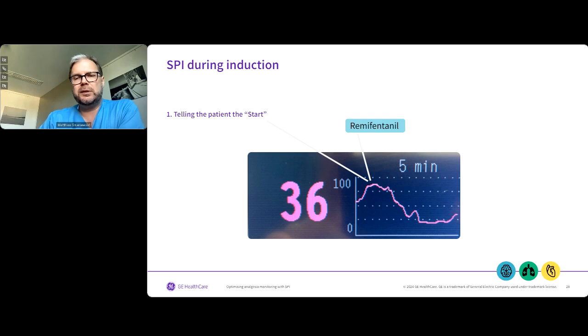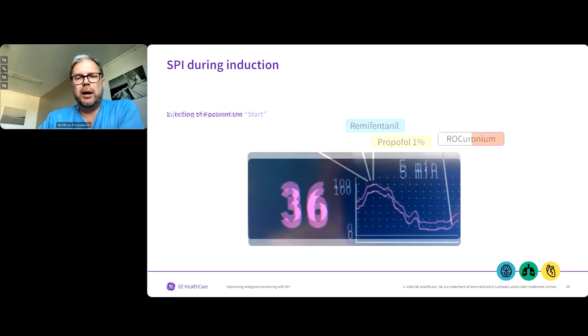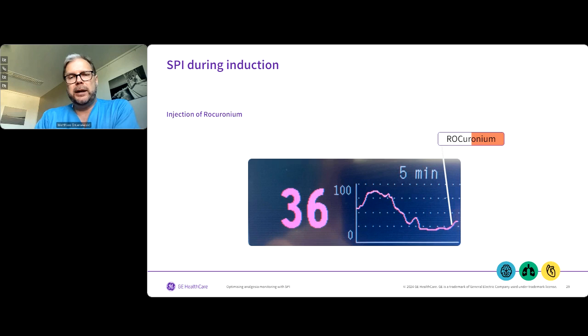In this case, we started low-dose remifentanil and then low-dose propofol, and you see the effect of those pharmacokinetics. You have here a 5-minute window, and the value drops down to a value of 20, and later on we see an increase here. This increase is due to the rocuronium effect.